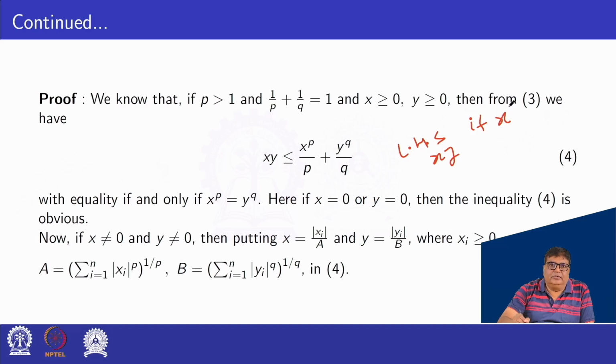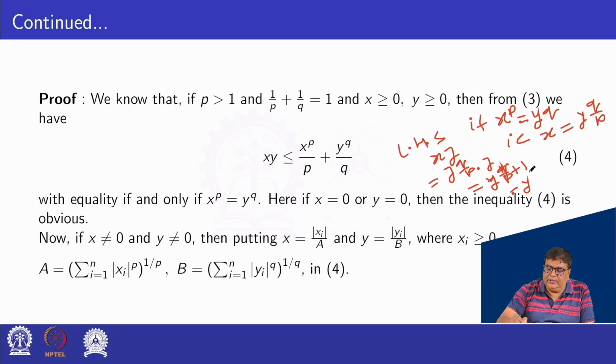If x to the power p is equal to y to the power q, that is x is equal to y to the power q upon p, then the left hand side x y is equal to y to the power q upon p into y, that is y to the power q by p plus 1, which is y to the power q plus p upon p.